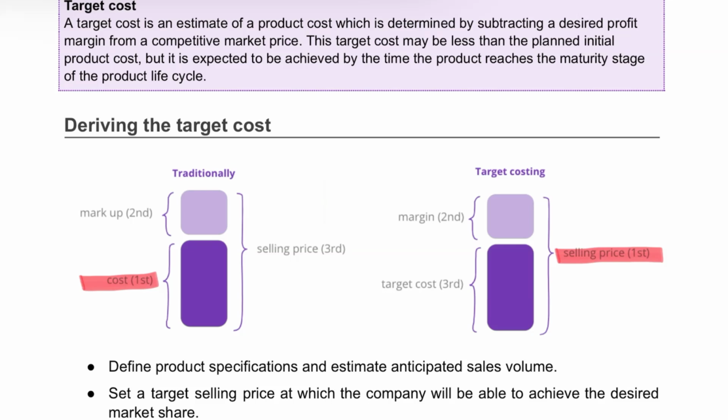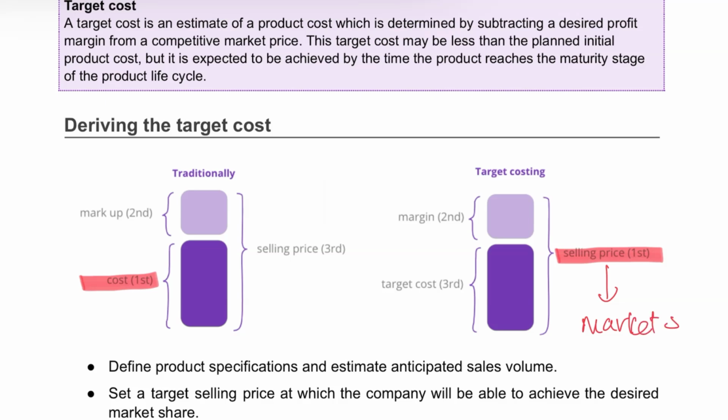But in target costing, our first point is we identify how much do we want to sell this product if we want to achieve a particular goal, maybe to get market share. So that goal might be market share.